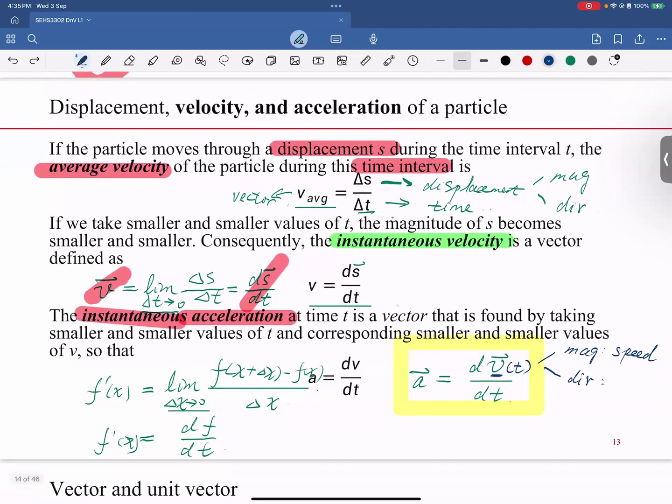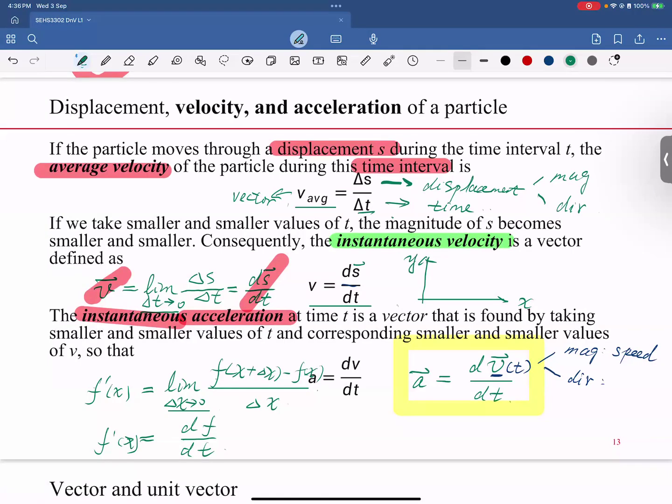Why is velocity simple, but acceleration a bit complex? Because when you visualize velocity, it's more straightforward, more obvious, right?